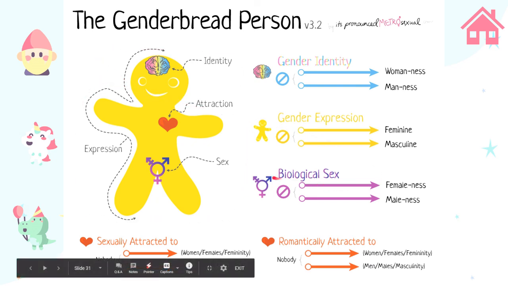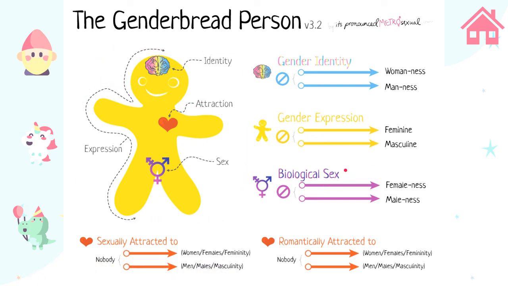Okay? So biological sex is further divided into genetic sex. So what chromosomes your body is carrying. So if your 23rd chromosome carries 2 X chromosomes, then you're genetically female. If your 23rd chromosome carries an XY chromosome, you're genetically male.